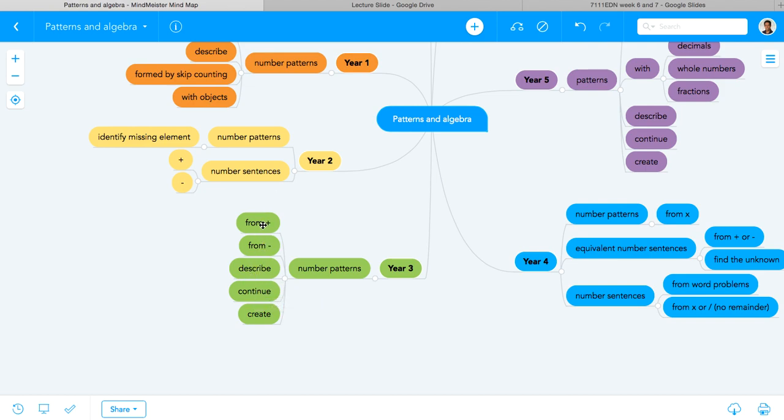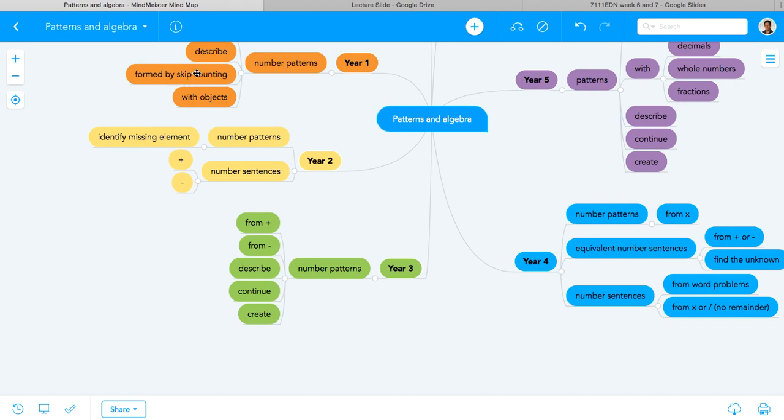So what we want students to do is also look at moving in the positive direction on the number line, but also in the negative sense. So we want students counting up as well as counting down. Skip counting up and skip counting down.